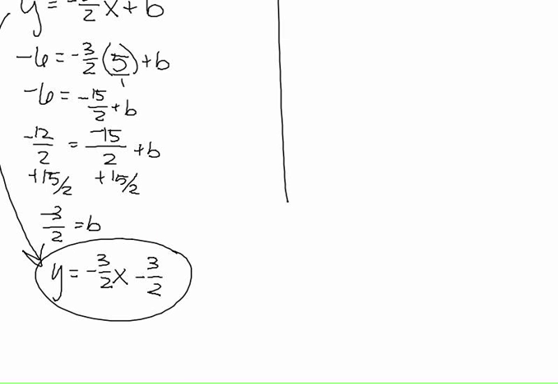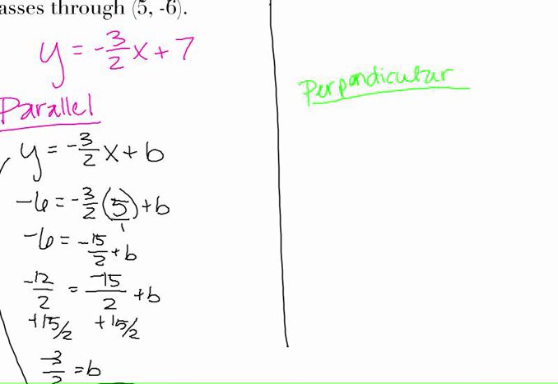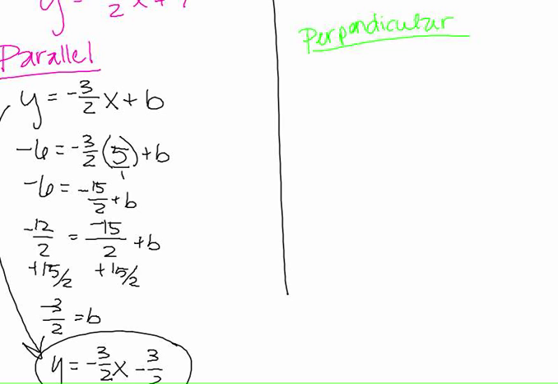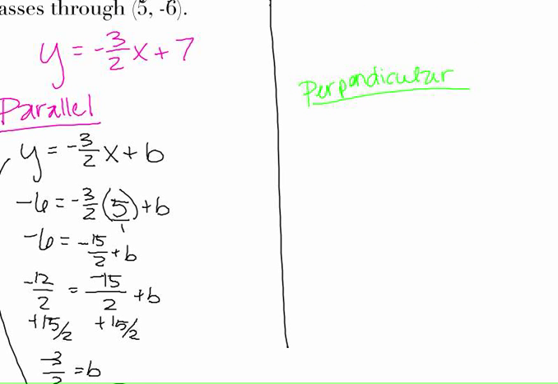I'm going to show you the other way to do it by using the point-slope form rather than slope-intercept form. So for perpendicular, I'm going to start by writing the other form: y minus y1 equals m times x minus x1.